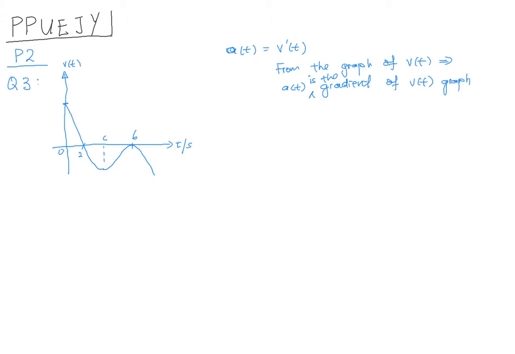Okay, so now they say draw the graph of acceleration. So before we draw the graph of acceleration, let's draw the sign diagram for acceleration first, from 0 onward. Okay, now, those who can answer, you answer me, Bram.